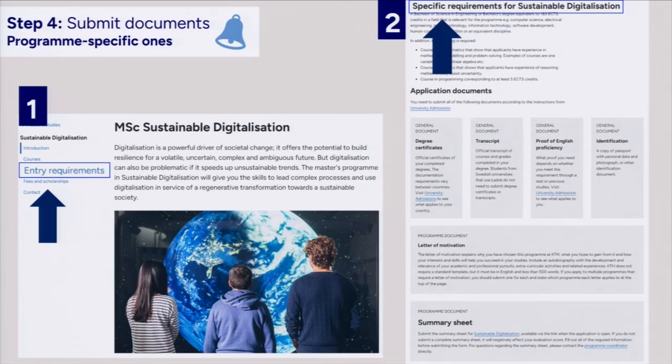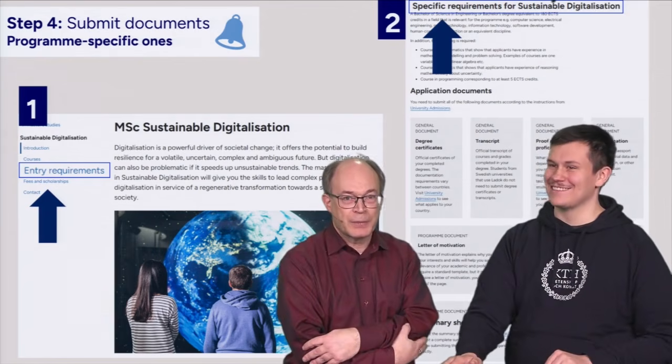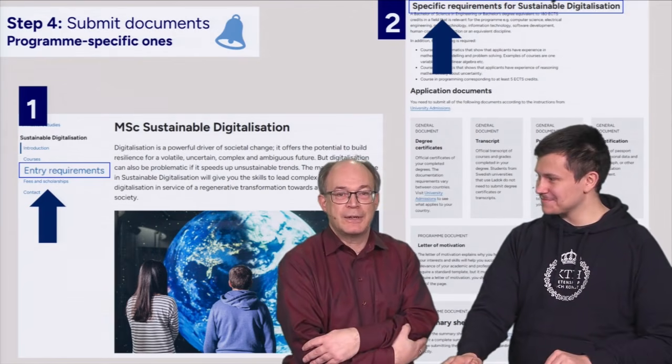If you apply to several programs, you should have one letter of motivation for each. Using the same for all the programs is a bit less motivating. It shows a bit less motivation, I should say.